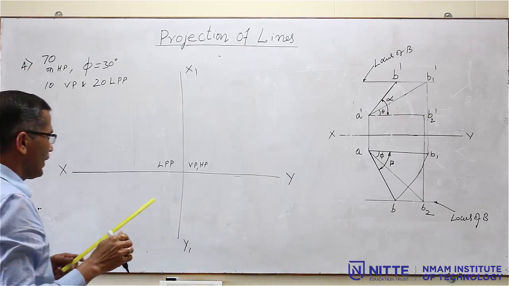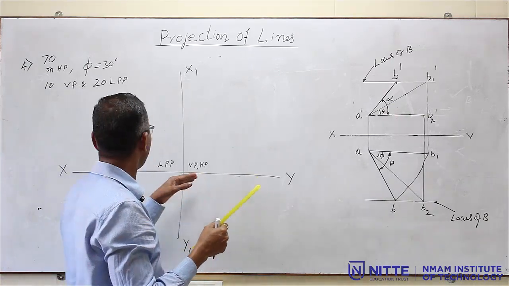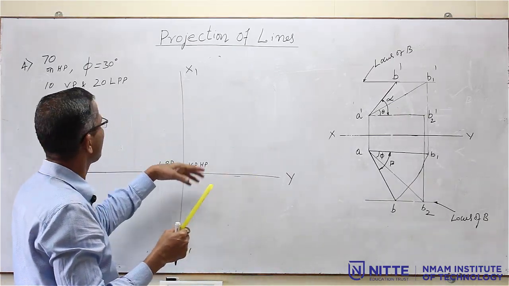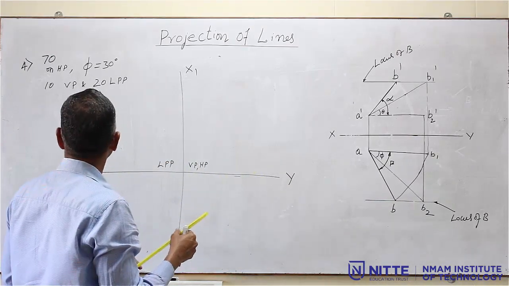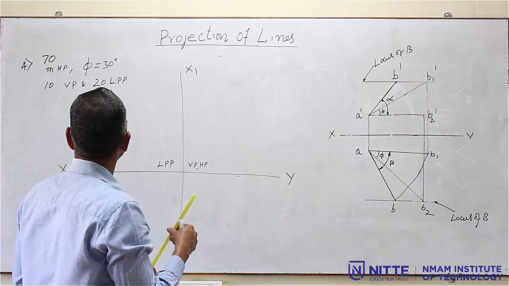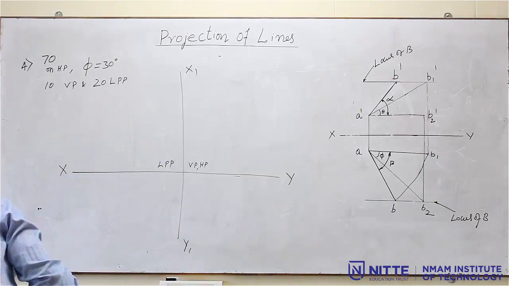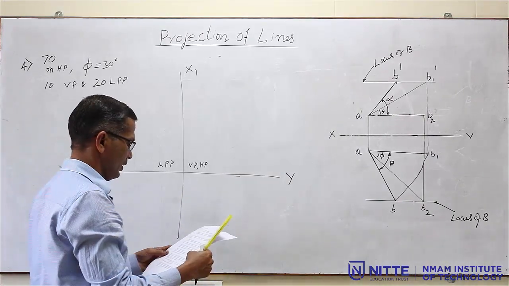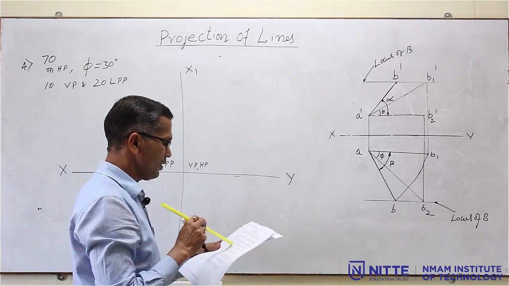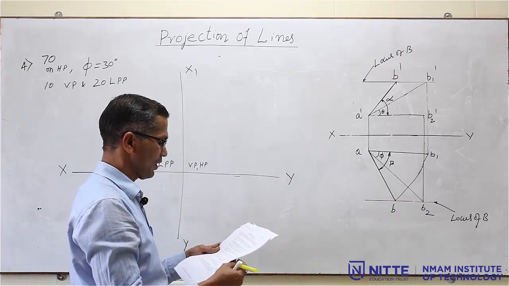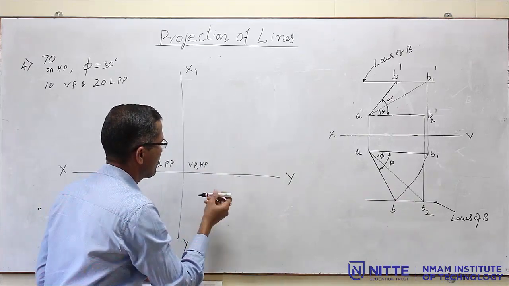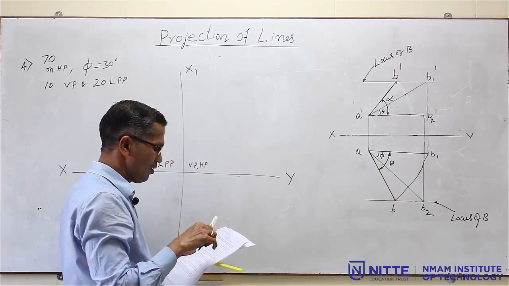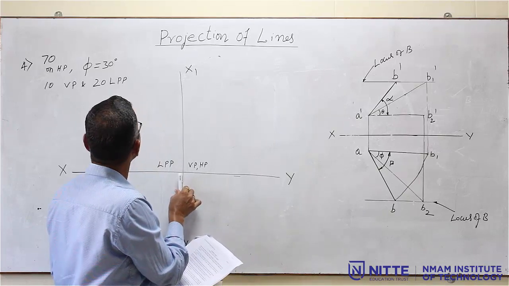Now, the line is on HP because the distance above HP is not given, it is directly on HP, on the ground, and 10 mm from the vertical plane, in front of the vertical plane. That is what they told. From here it is 10 mm, and from the profile plane it is 20 mm.